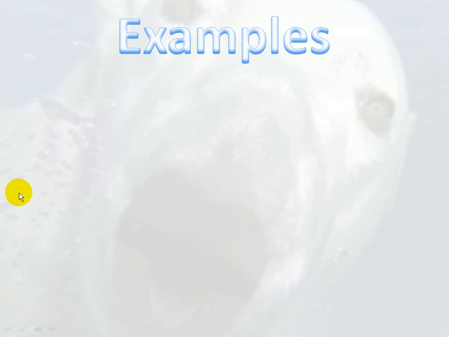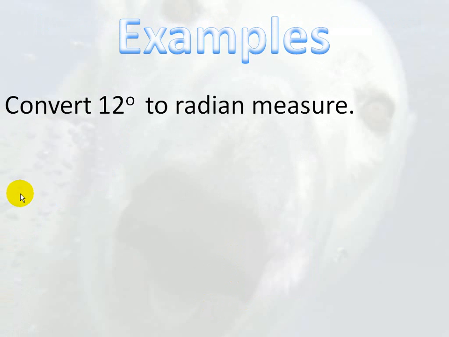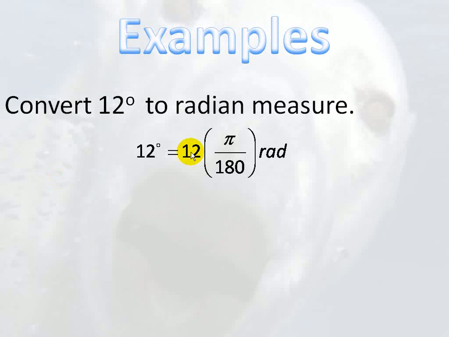Now, a couple of examples. Convert 12 degrees to radian measure. I just multiply 12 times pi over 180, and notice that 12 goes into 180 15 times. We're left with the pi on top, so that's just pi over 15 radians. So that's converting degrees to radian measure.